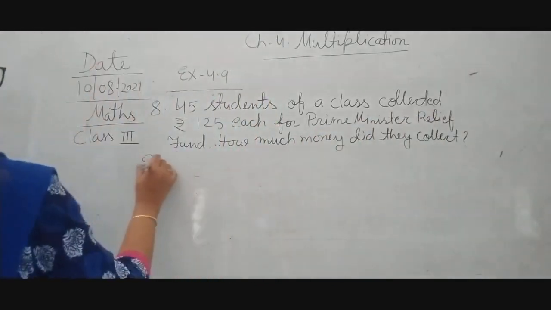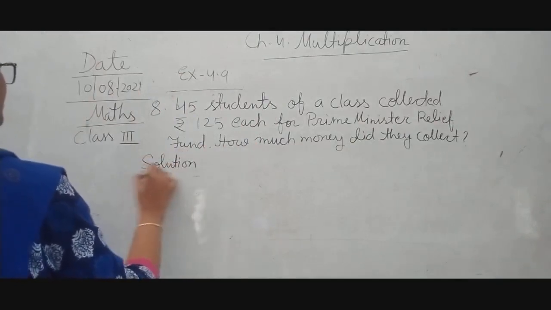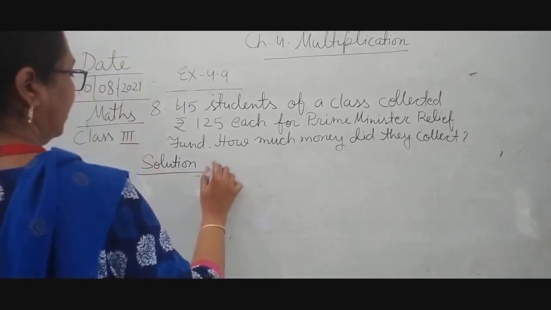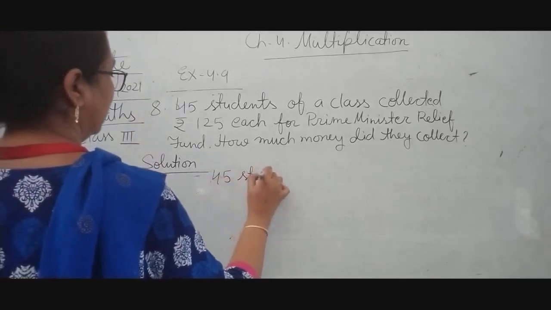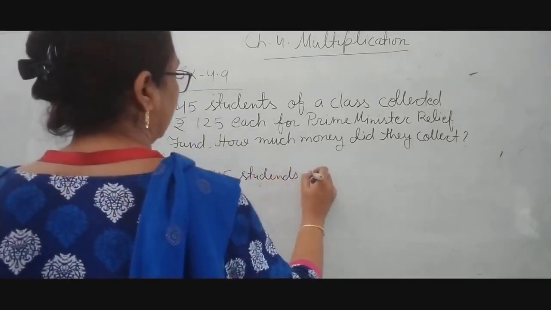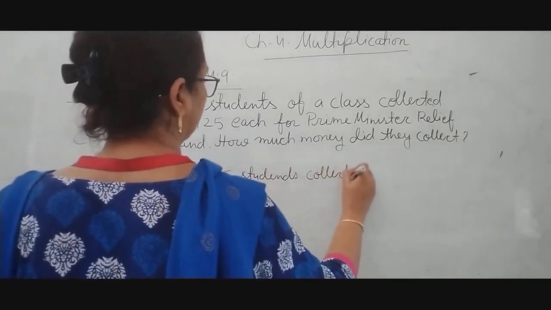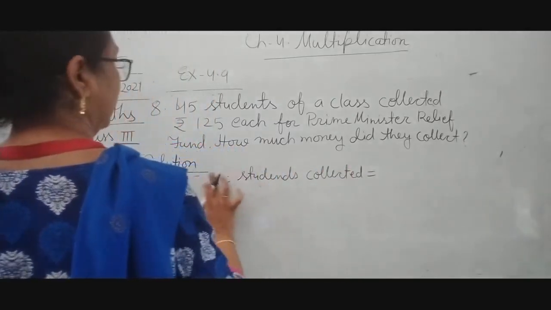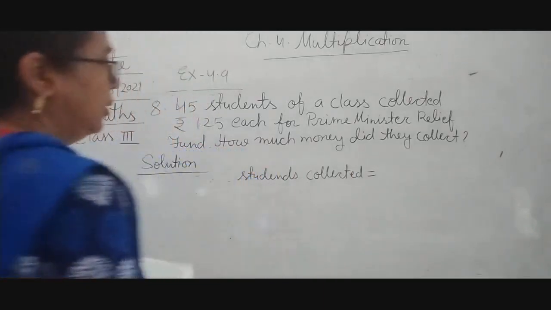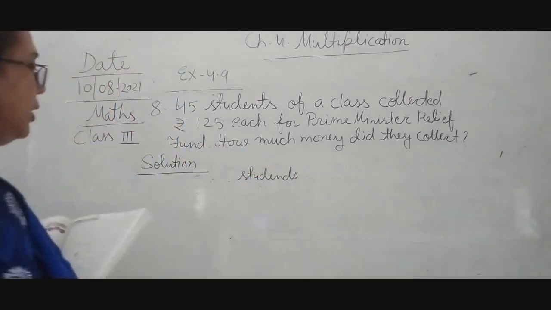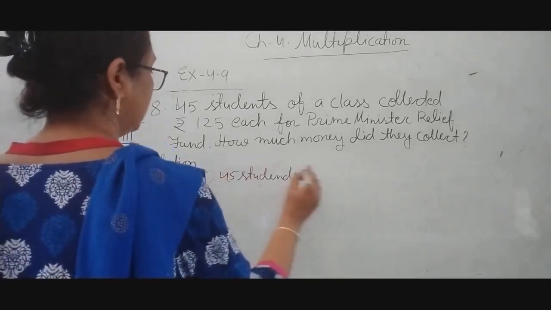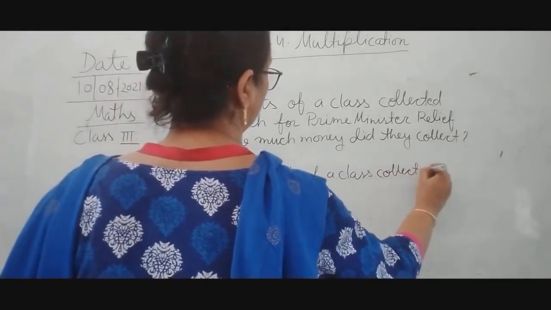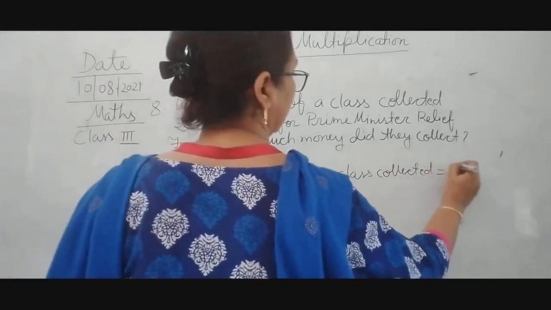Okay children, now solution we will write. Number of students, 45 students collected. 45 students of a class collected rupees 125.